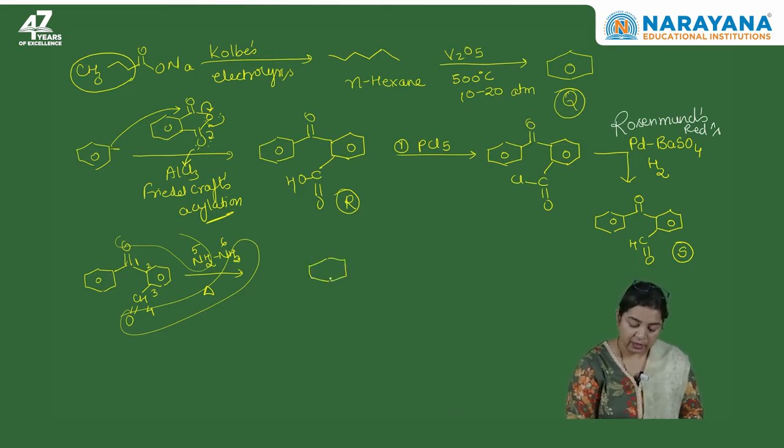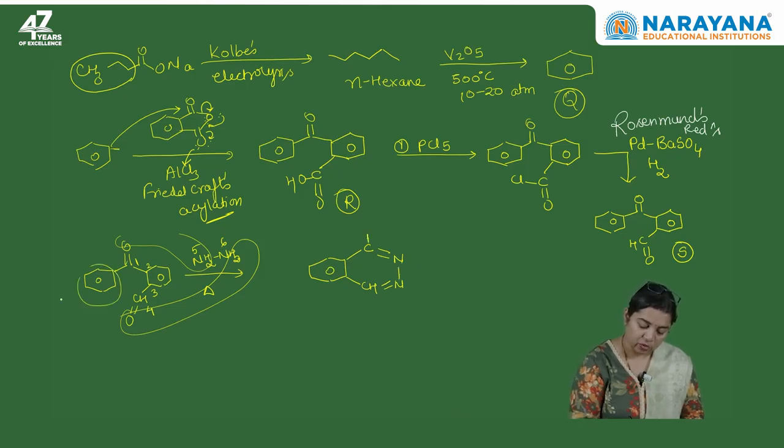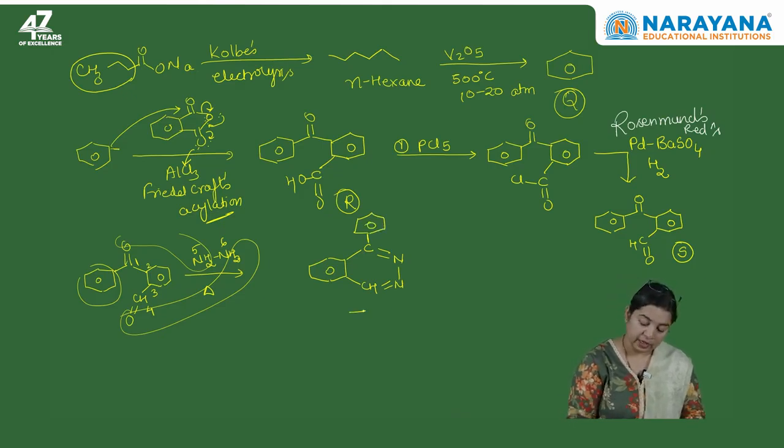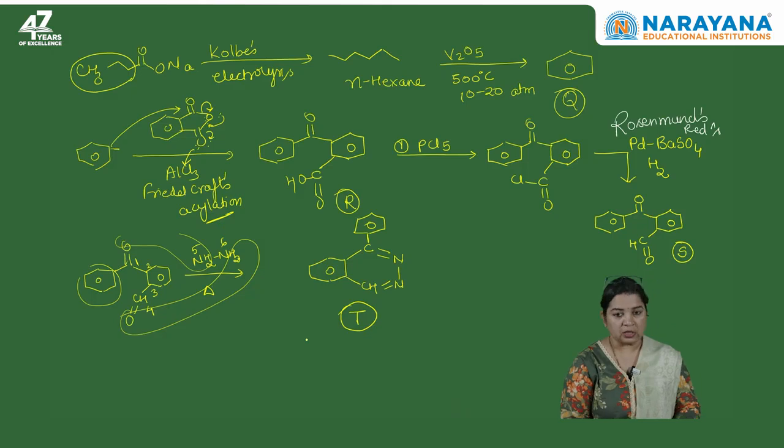As we said, this carbon CH will combine with this nitrogen, and this carbon will continue to have this Ph. So we will have this Ph here. And is any name assigned to this structure? Yes, T is assigned to this structure.